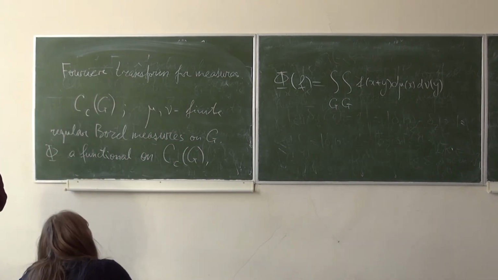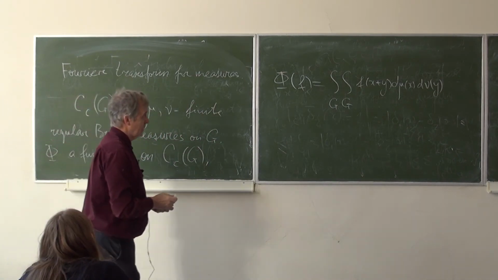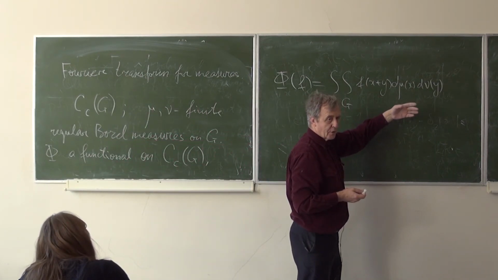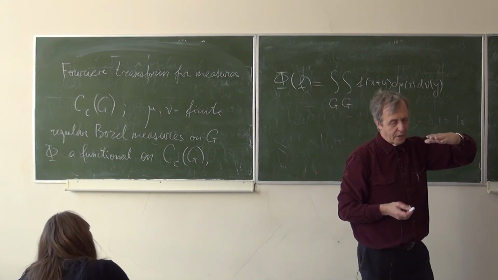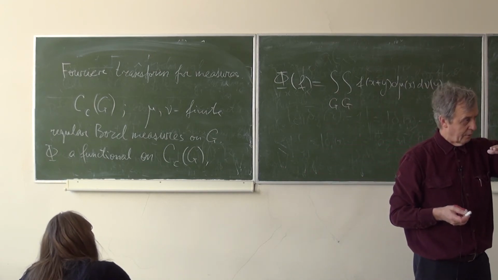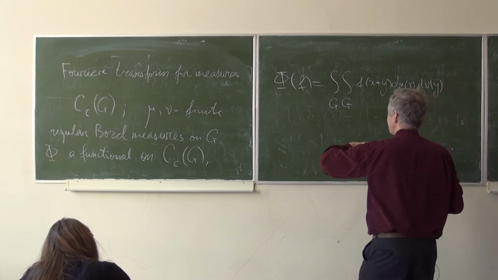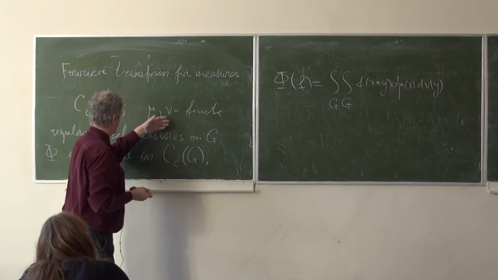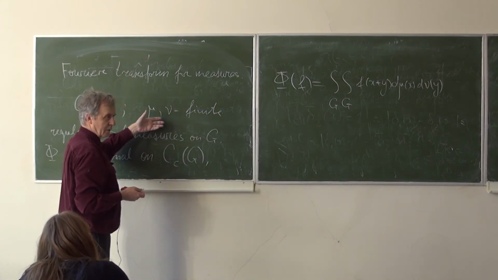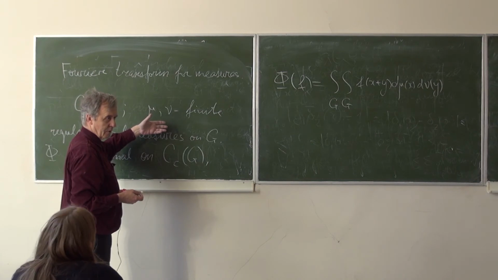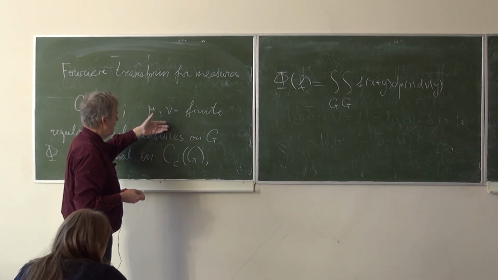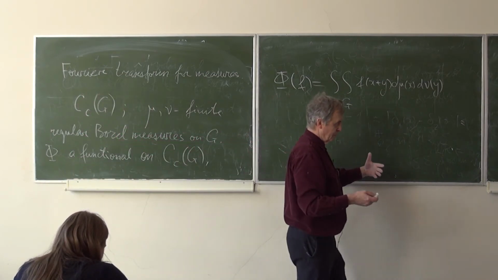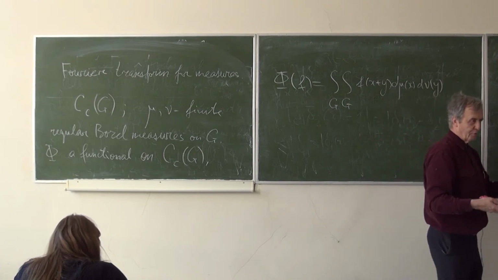So this is a well-defined linear functional, and moreover, the Riesz representation theorem applies in this setting. Well, when I formulated the Riesz representation theorem in the first lecture, we restricted ourselves to positive functionals, and here, in principle, we may reduce the situation to positive functionals because every finite regular Borel measure is a difference of two positive measures. Well, if it is complex, they are represented as linear combinations of four positive measures.